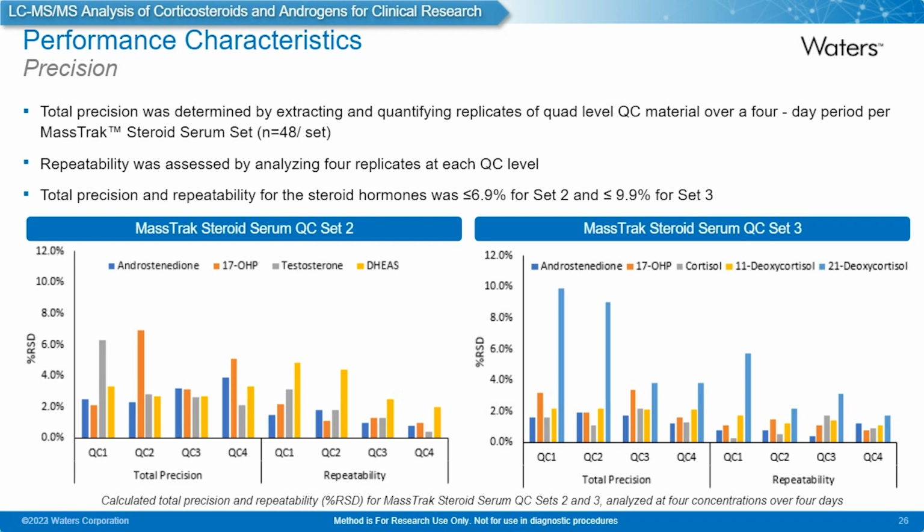In set 2, we're seeing less than or equal to 6.9%. In set 3, it's slightly more elevated at 9.9%, but still within what you would expect of a good method. There are slightly higher deviations for 21-deoxycortisol. This is probably one of the more challenging analytes associated with this analysis, but as I said, it's still within 10%.